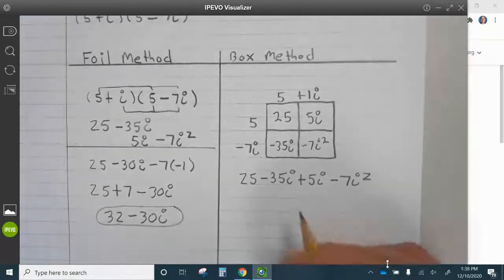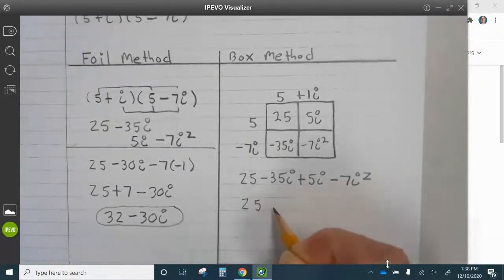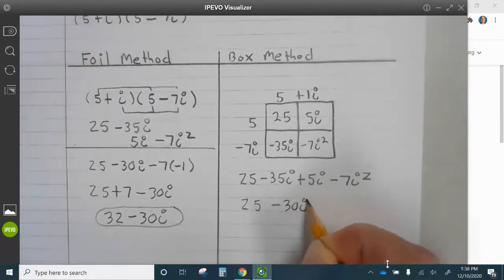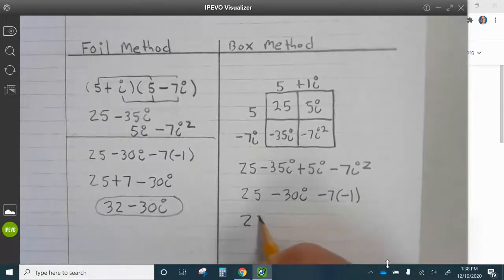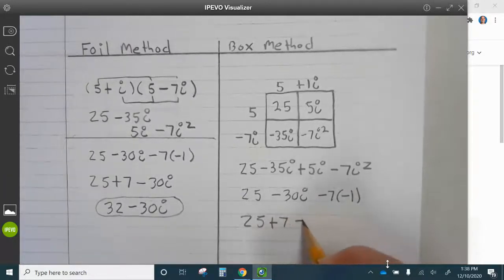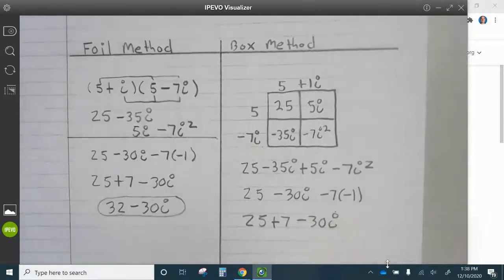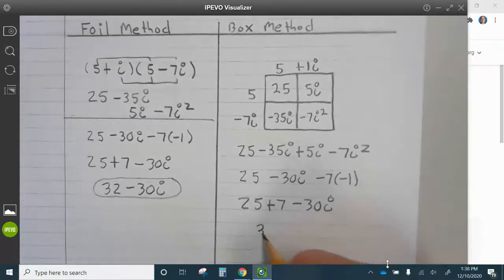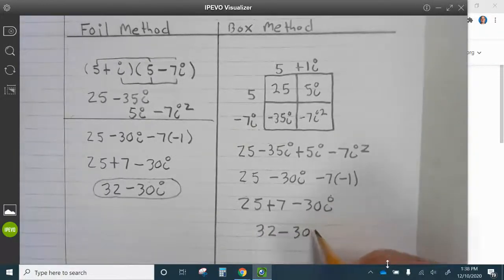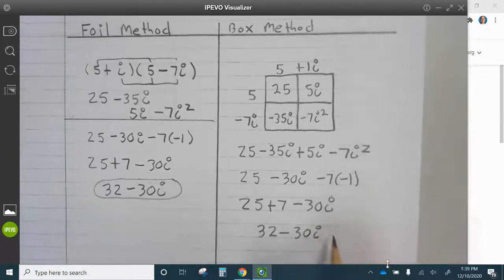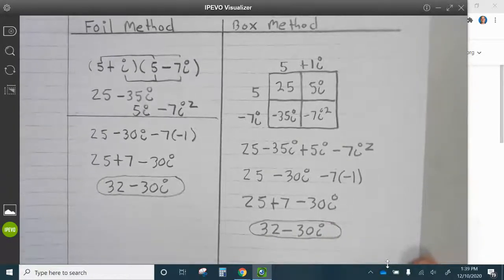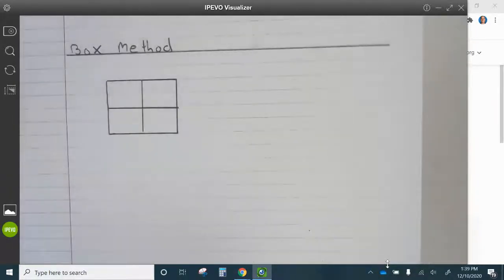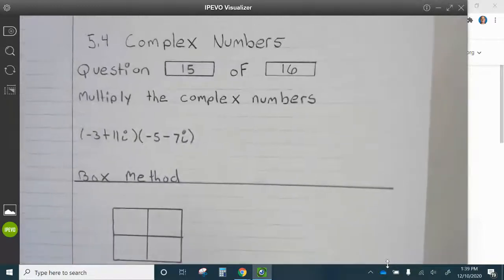Okay, so then that's 25 minus 30i minus 7 times negative 1. So then that's 25 plus 7 minus 30i. So then that's 32 minus 30i. Okay. All right, let's take a look at the next question. All right, question 15 of 16.